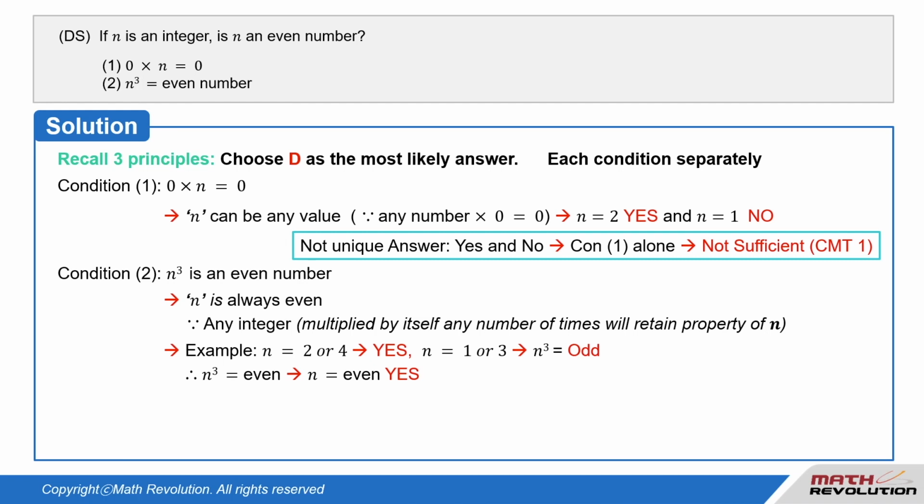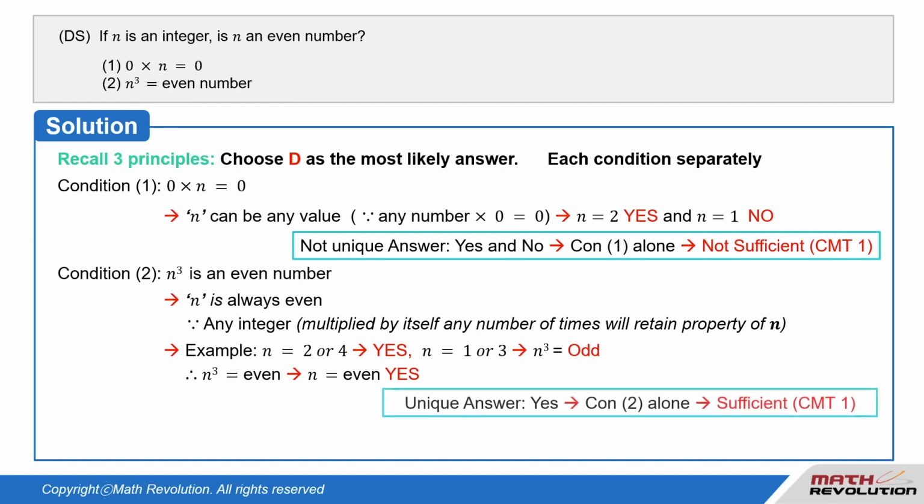So, if n cubed is even, then n is also even, and you get yes as the answer. The answer is unique, yes. So the condition is sufficient by the common mistake type 1, which means that the answer must be in terms of a unique yes or no. Condition 2 alone is sufficient.